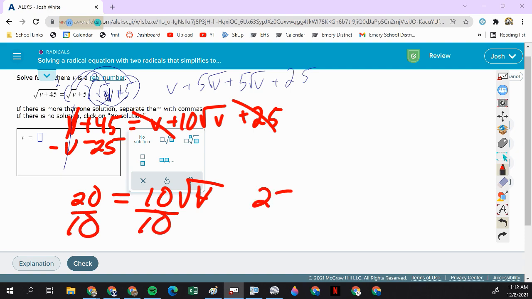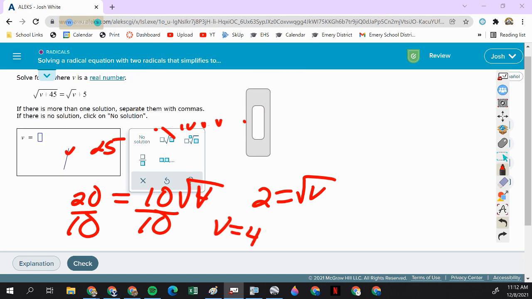So once again, 2 equals root v. Square both sides, and I get v equals 4. Is that an okay number to plug in? Can I plug a 4 in there and maintain a positive number on the right side? Yeah. So that's the answer. Okay, that's it. Get to work.